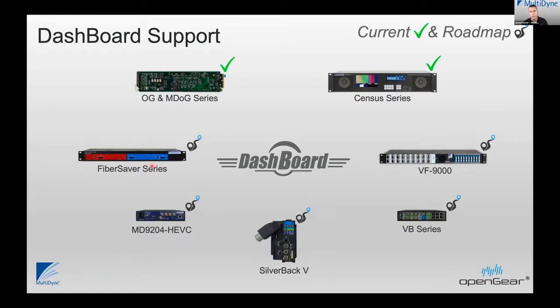The Fiber Saver series is another bulk transport product. So keep an eye out for additional dashboard supported products from Multidyne, because we do see the value of the ecosystem.